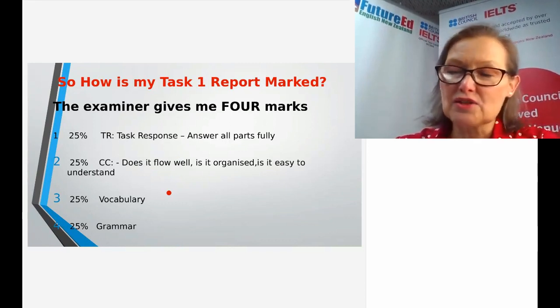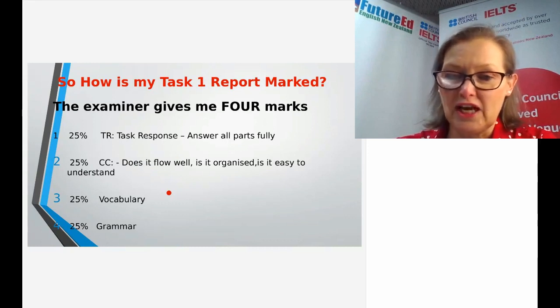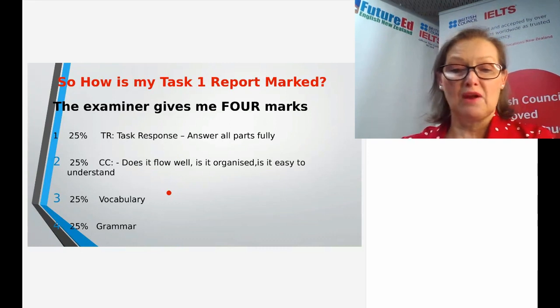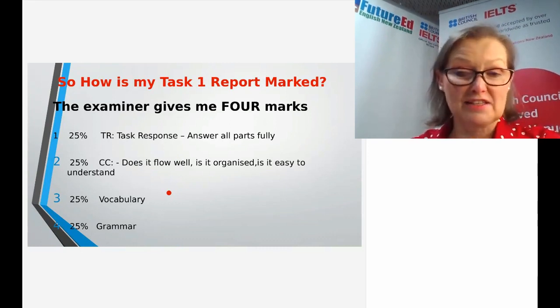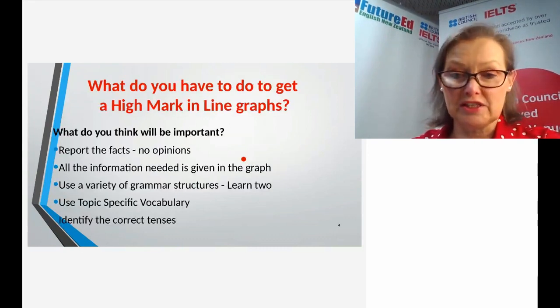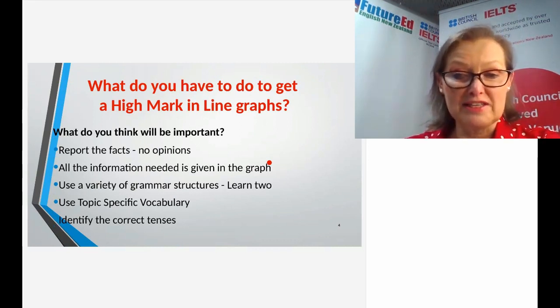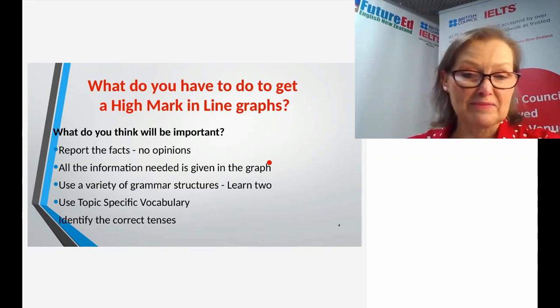So in our task 1 line graphs, what do we have to do to get a high mark? What do you think will be needed? First, we need to report the facts. So we don't need to give opinions as we do in task 2. So that makes it easier because all the information that I need is given to me in the graph.